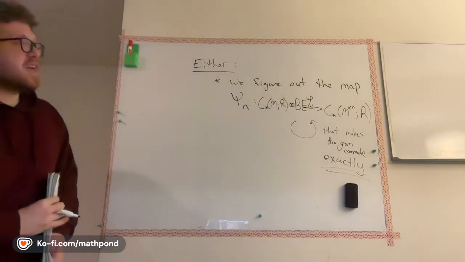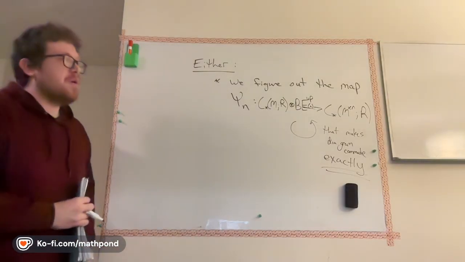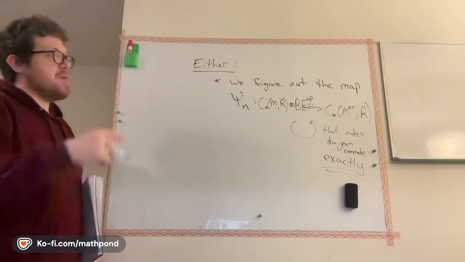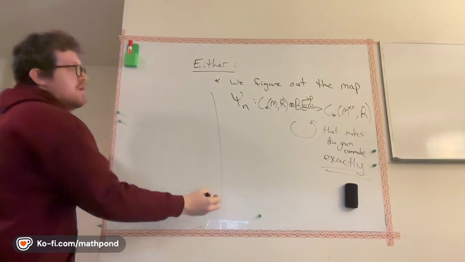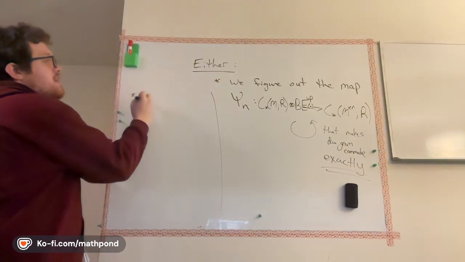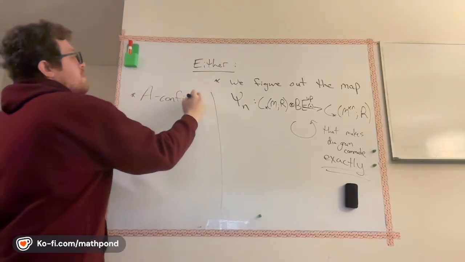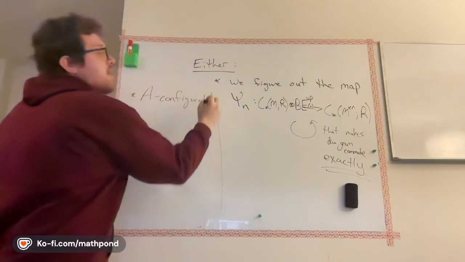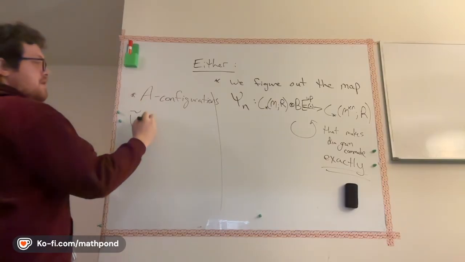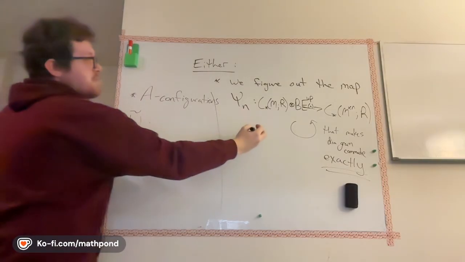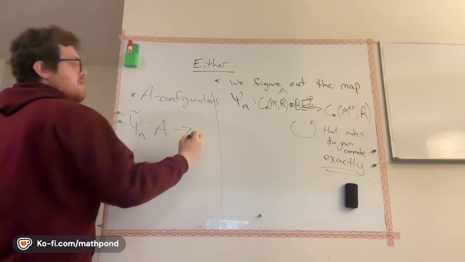Or maybe trying to get that diagram to commute exactly is too much to hope for, and maybe I can recover it with some secondary method using these A configurations. I'll call this a cyan tilde map. It's from the same space, I'll just call this A so I don't have to rewrite it.